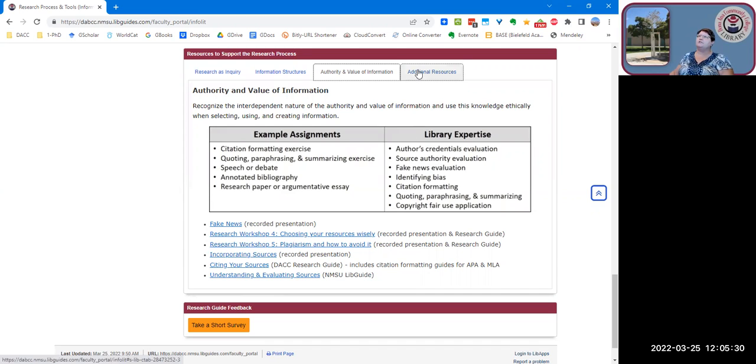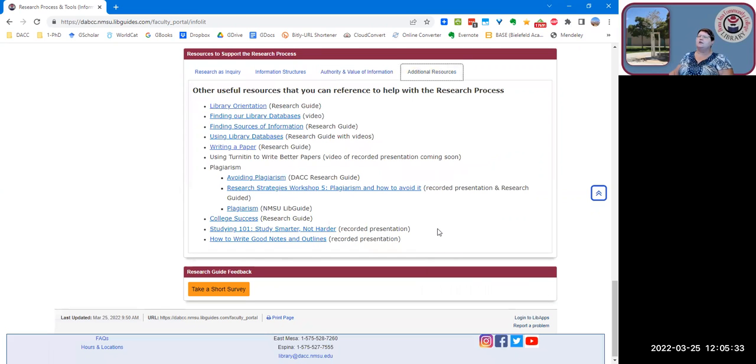And finally, there are some additional resources that you might find useful if you wanted to set up a library module in your class, or you wanted students to use this as a preparation for a research assignment. We have orientations, how to find the library databases, we even have a research guide on writing a paper, the steps to do that.